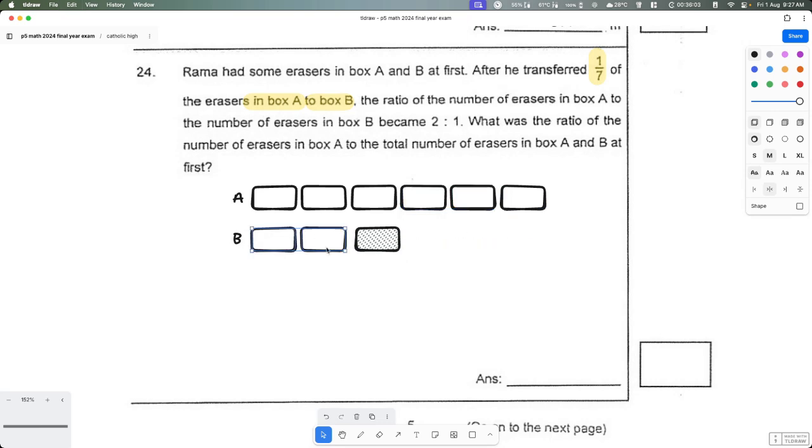If I put a simple rectangle, make it a little bit smaller, like this, in essence this is the ratio, 2 is to 1. And then this is another one.